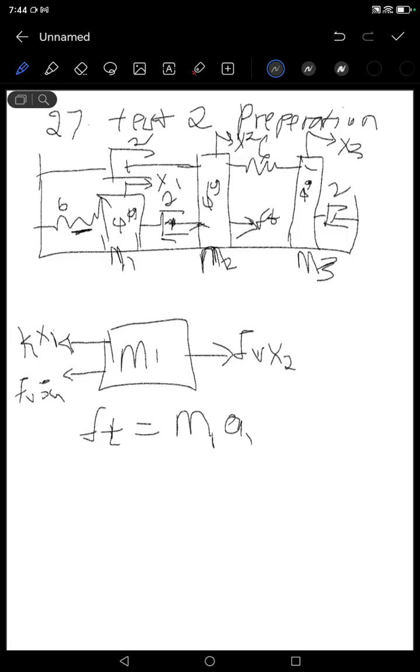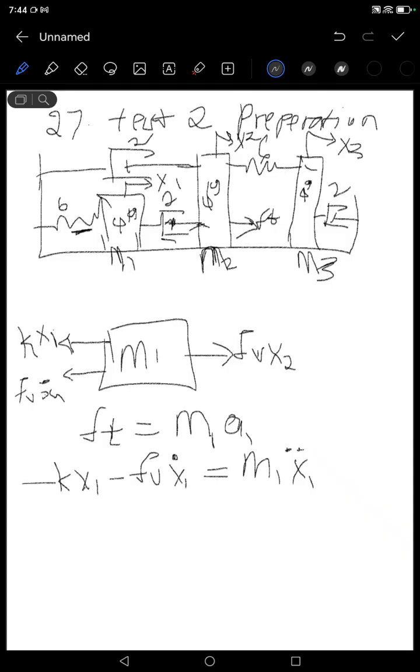So here it's going to be negative kx1 minus fv x1 dot equals M1. Remember a, we're going to write it as x, so it's going to be x1 dot. Okay, like this. And now we have the values, we can substitute.